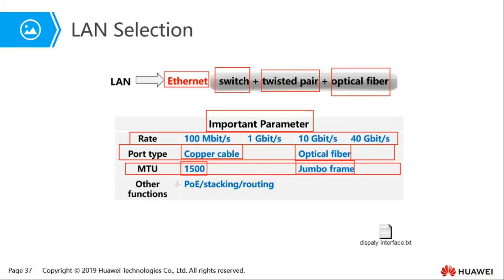The other functions that we need to consider, for example, is whether we need power over Ethernet, PoE, whether we need to do stacking, and whether we need to do routing, and where exactly we need to do some of these things that we've mentioned there.